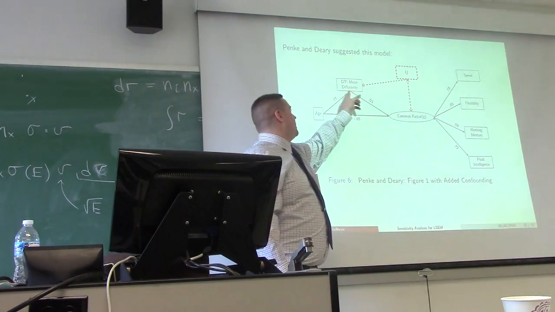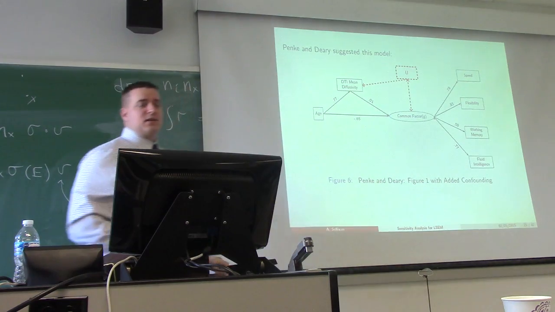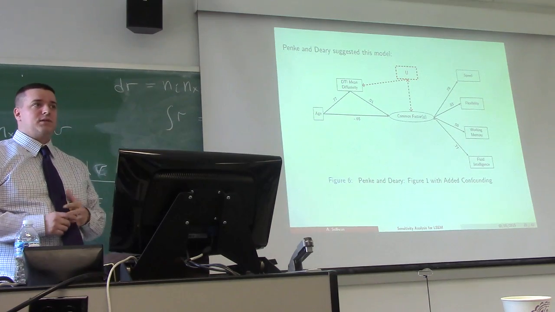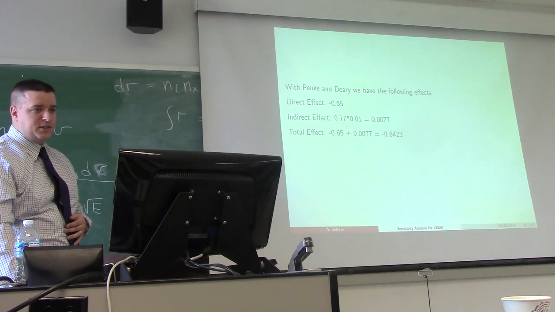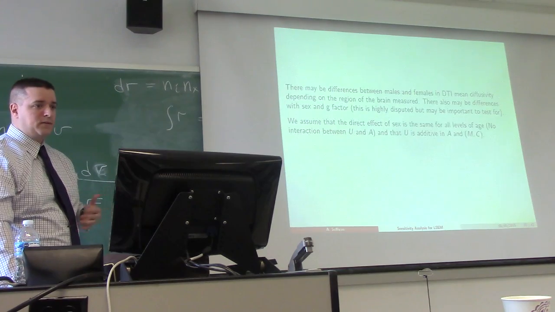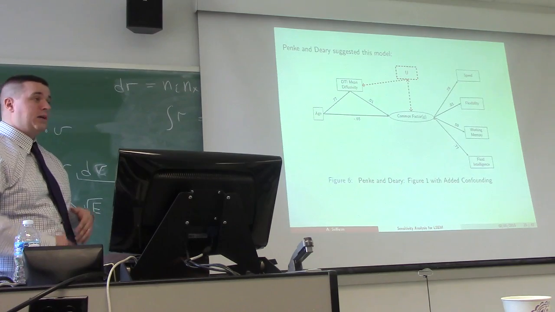And then there's also a relationship between how age impacts this section. I'm sorry, it was not decay, but plaque or substances on the brain. So, there's the direct effect, indirect effect, and total effect from their model. And I suggested this unmeasured confounder, maybe it's sex.